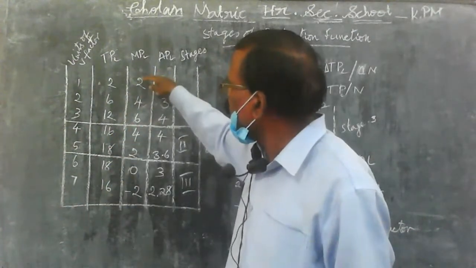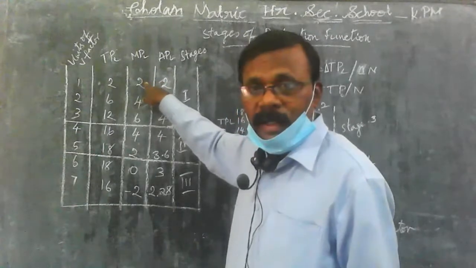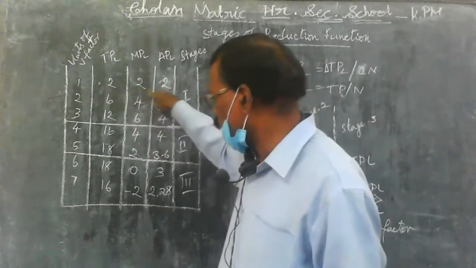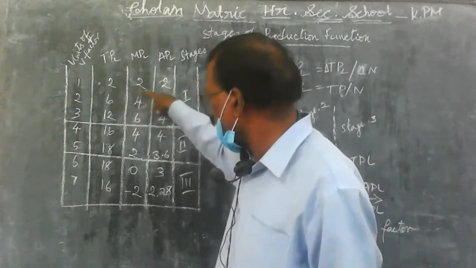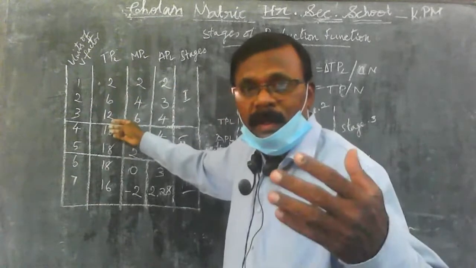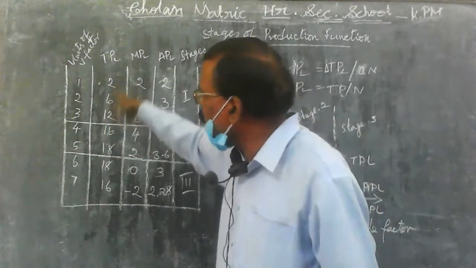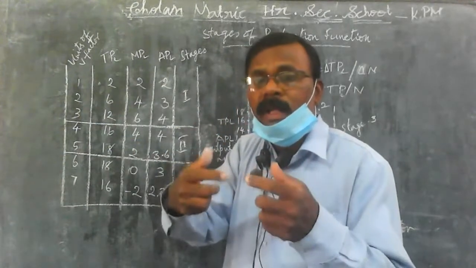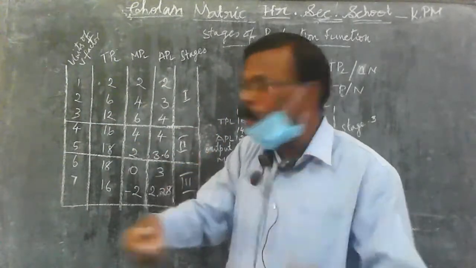Then MPL, how do we get MPL? The addition made to the total product. What is the addition made to the total product when one more unit of variable factor is employed?